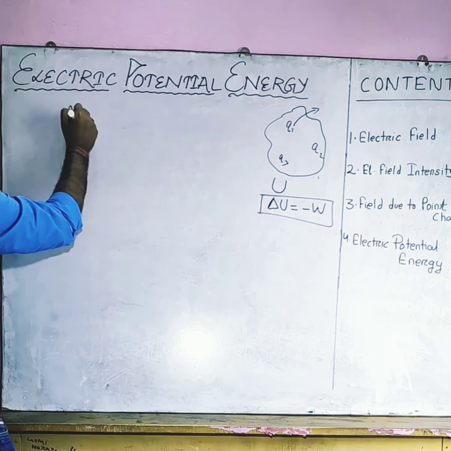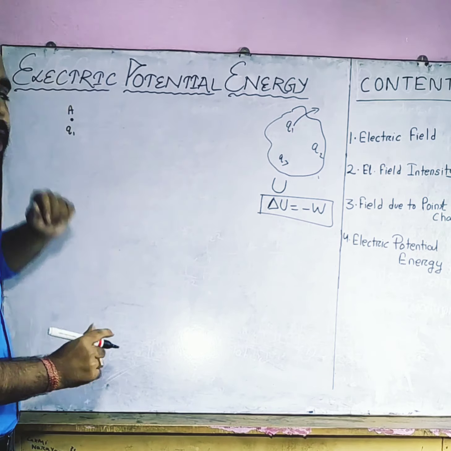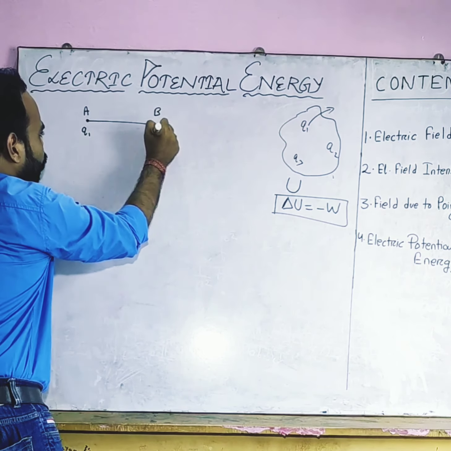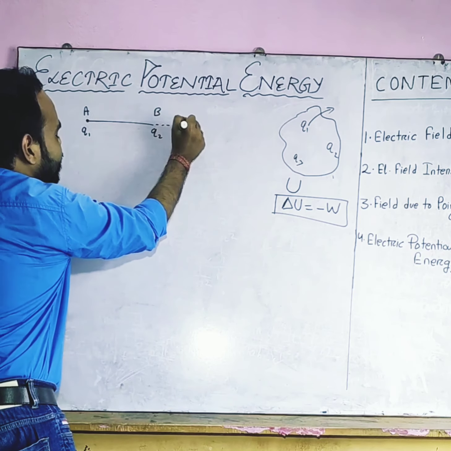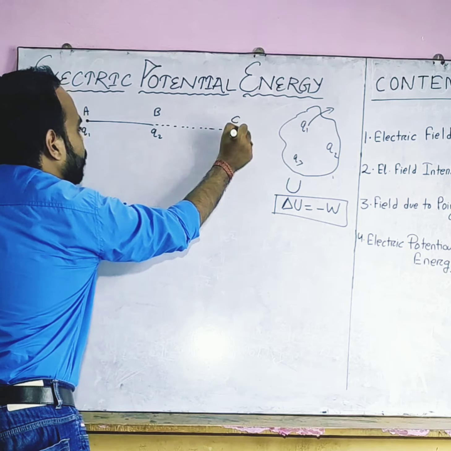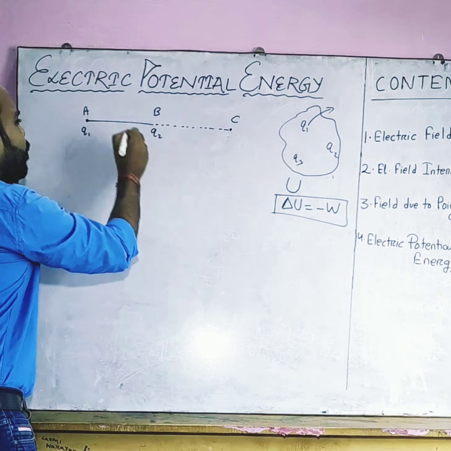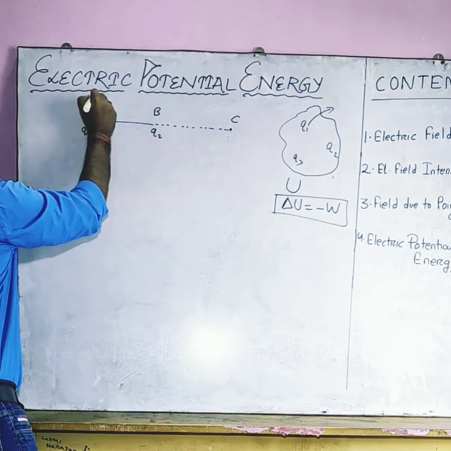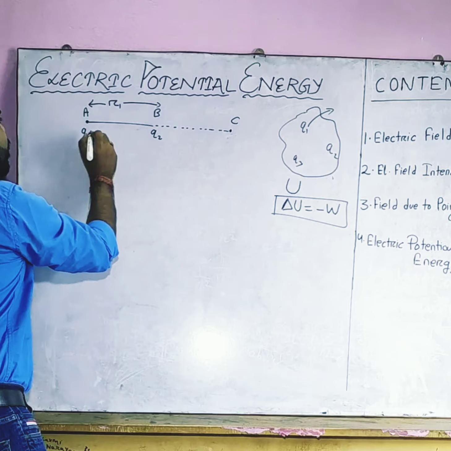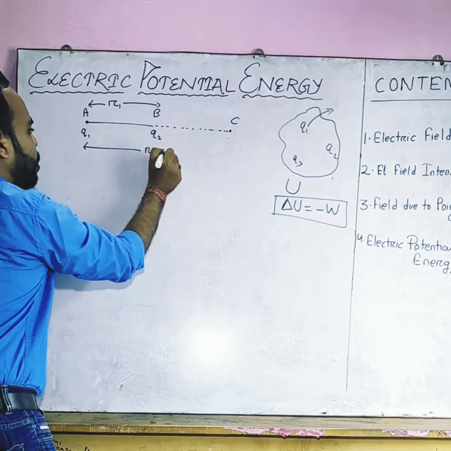Let us consider a point charge Q1 which is fixed at point A, and another charge Q2 which is being displaced from point B to point C. Let the distance from A to B be R1, and the distance from A to C be R2.